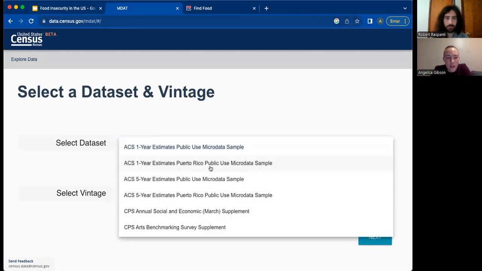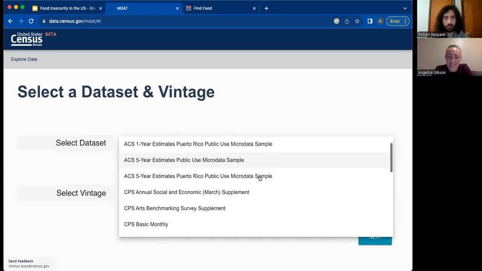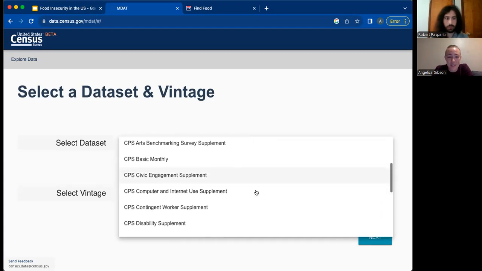There we go. So here in this data set, this is all of the Census Bureau's different surveys, such a tremendous resource and library of different types of data.